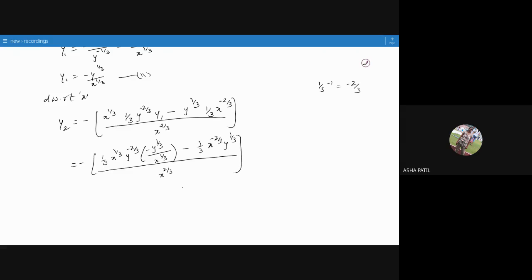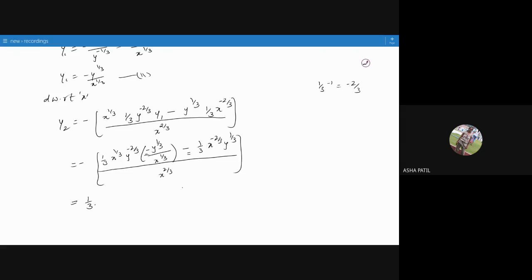Now, minus is there outside and both the terms are multiplied by minus. So if we multiply minus inside, both the terms will become positive. As well again, we have 1 by 3 is common.